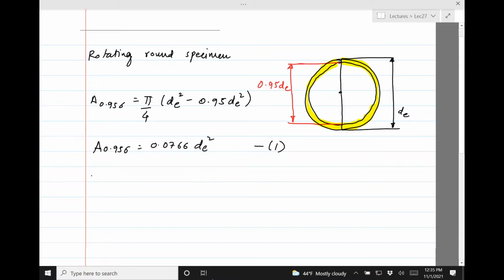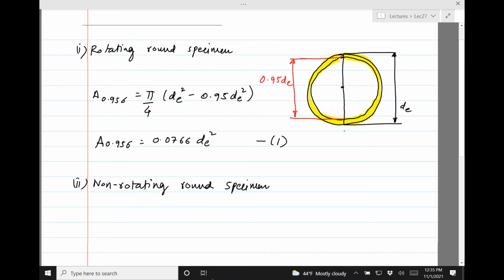Okay, so let's call this 1, 2, non-rotating round specimen.